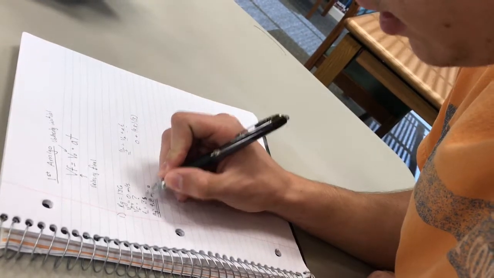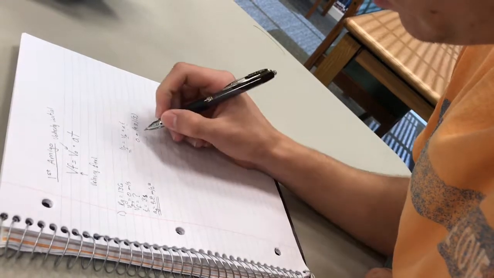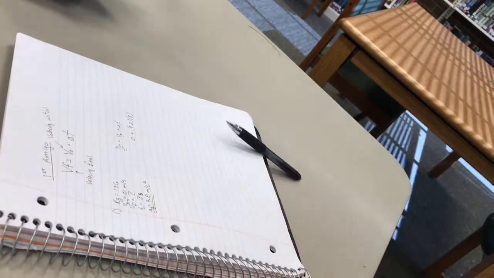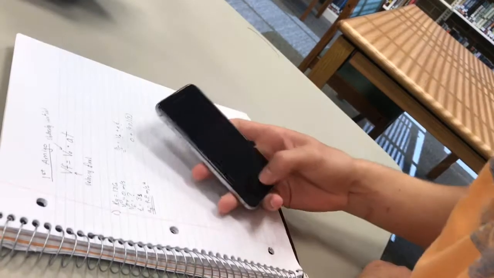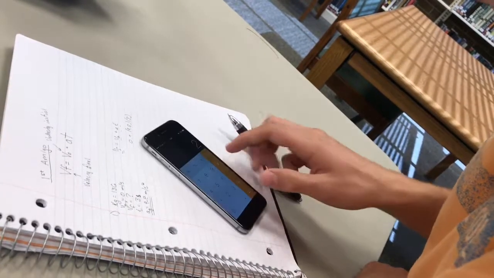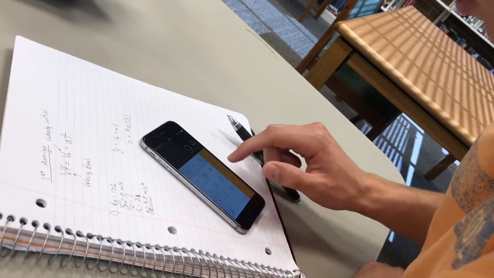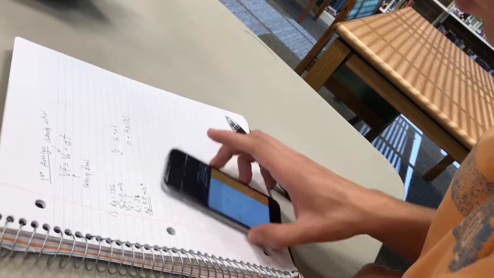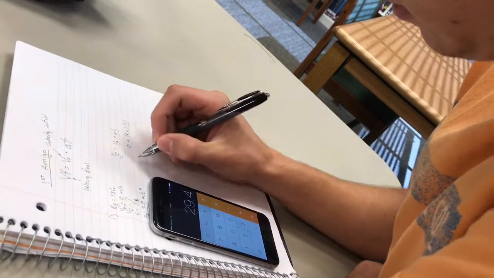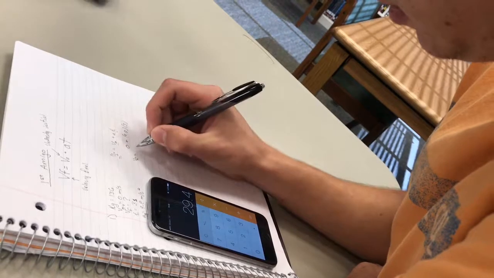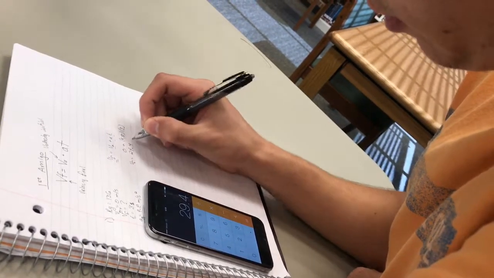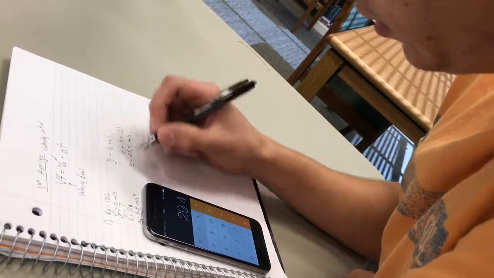Time always has to be in seconds. We take out a calculator, do 9.8 times 3, and this will be his velocity final is 29.4 meters per second.